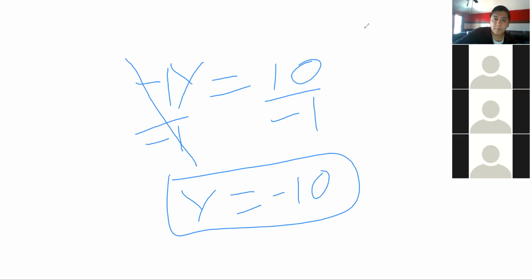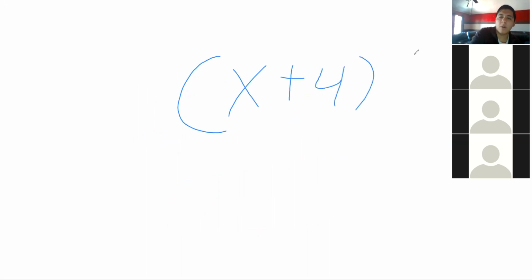And finally, we have something in parentheses. Let's say we have x plus 4. If there's nothing on the outside, what can we assume is there too? A 1 in front of the x. So 1 is still there, right? Because if we were to distribute a 1, it'd still be the same thing, x plus 4, right?